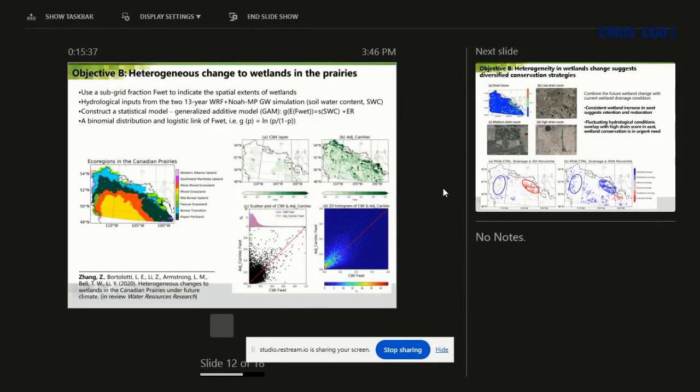And also, for the wetland module, the wetland boundary is irregular, and sometimes it's much smaller than the 4 kilometer size, it could be hundreds of meters.